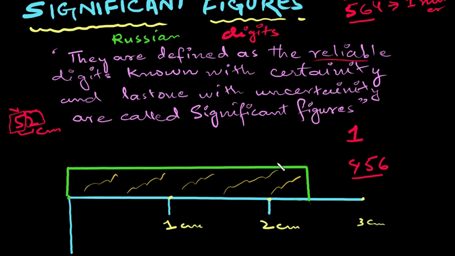Now, let us consider the explanation of this definition with an example. Suppose I have to measure the length of a wooden bar right here.